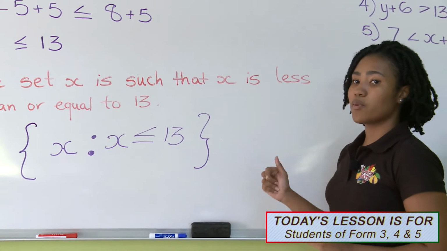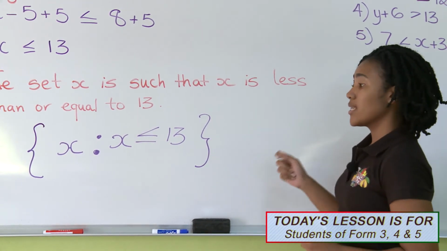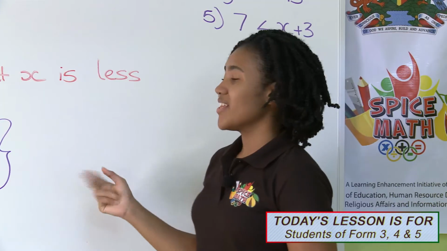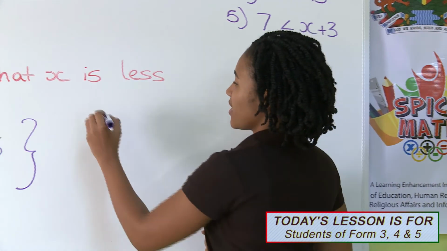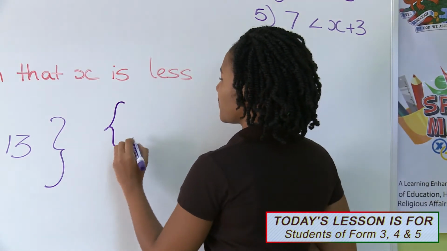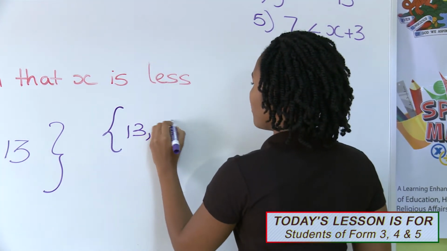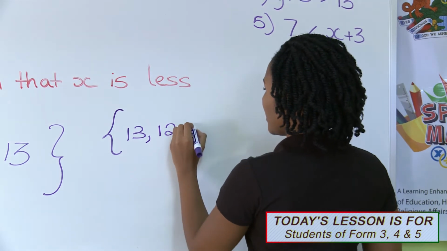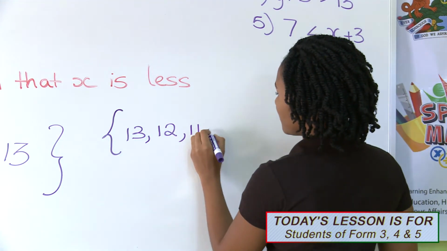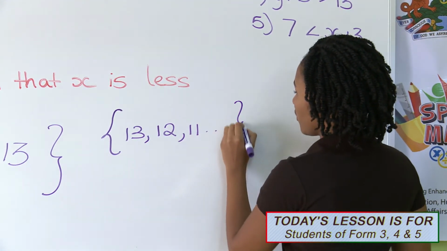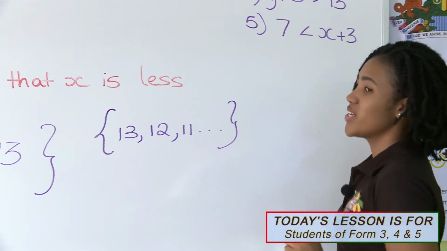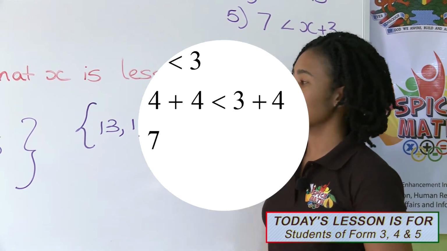This is how we would represent our answer, and let me explain this. This means that x can be any one of these values: 13, 12, 11, and so on and so forth to negative infinity.